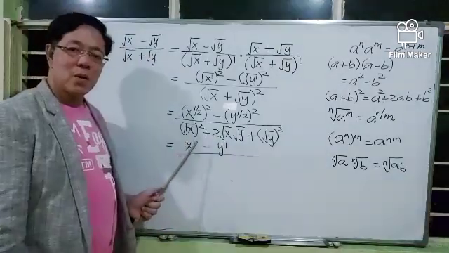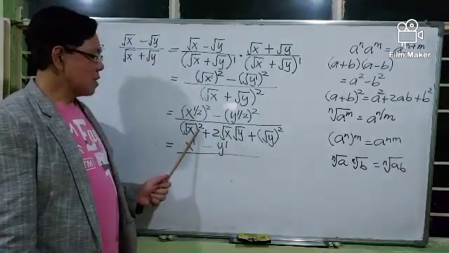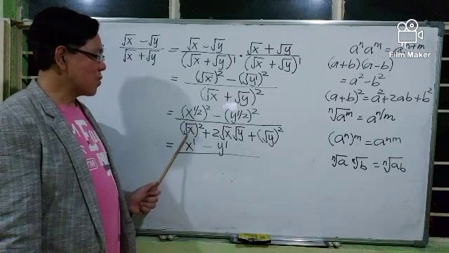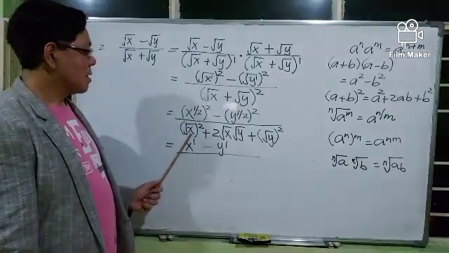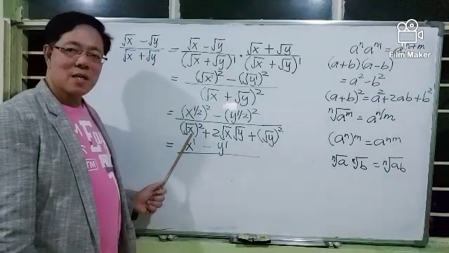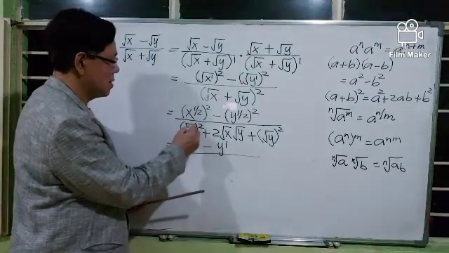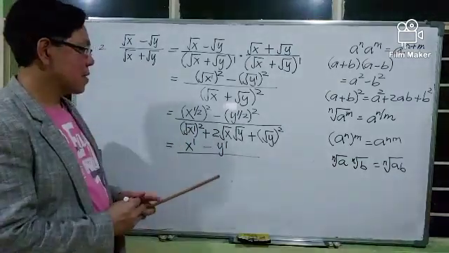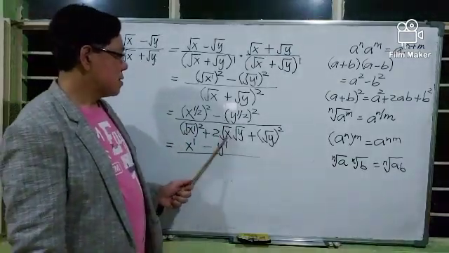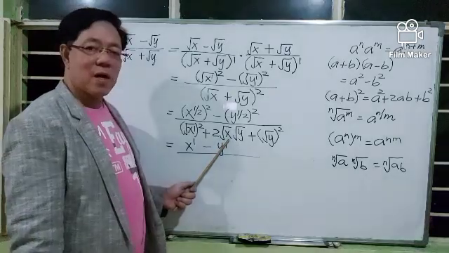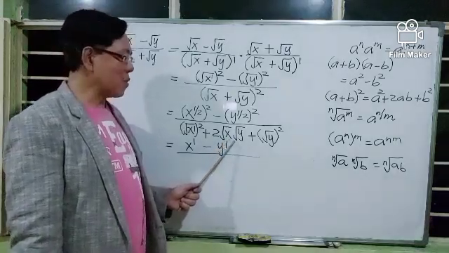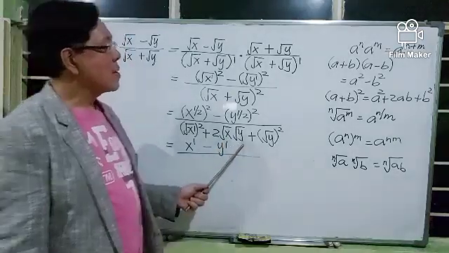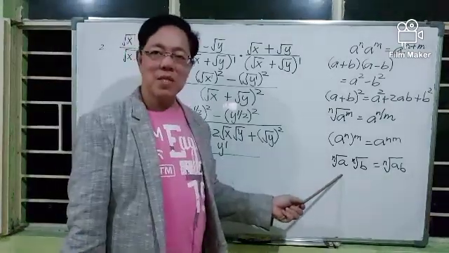In the denominator, first term, we simplify the square of square root of x. If you write the exponent of x, it is 1. The index for square root is 2. Then, to simplify the product of square root of x and square root of y, we apply this property of radical.